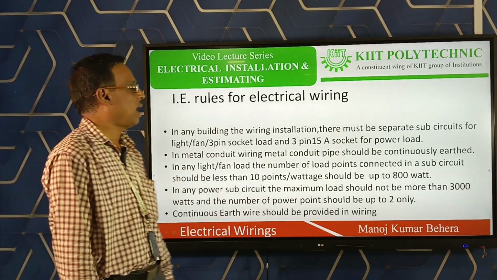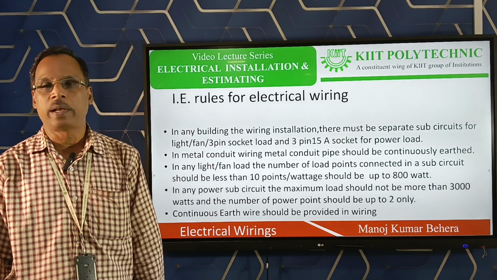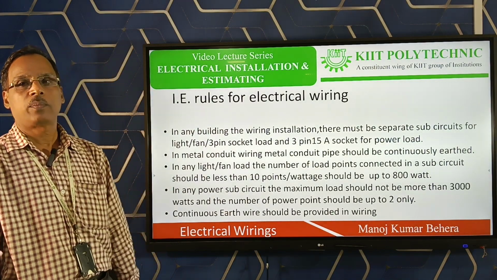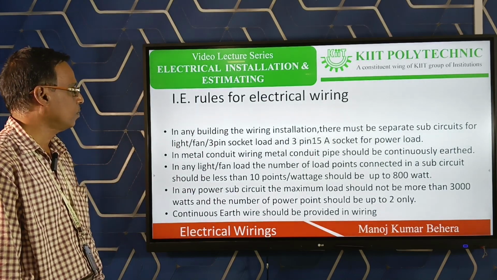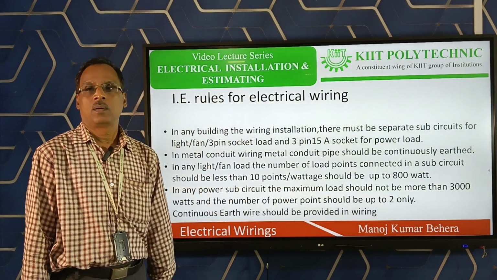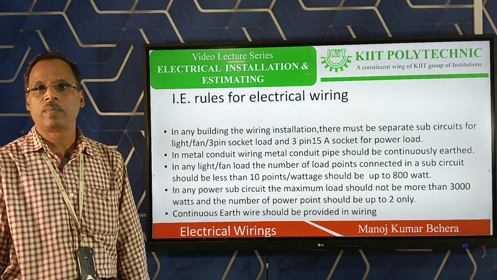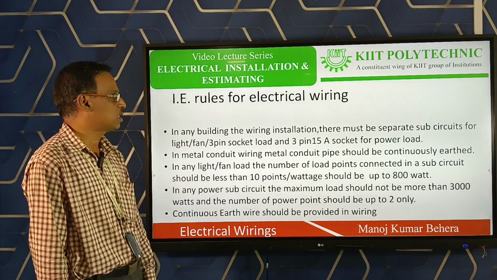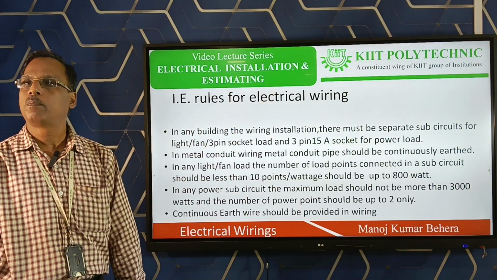What are the different Indian electricity rules used for this wiring? Before considering any wiring, we have to consider these Indian electricity rules. The first rule is that we have to make sub-circuits in the building. In any building wiring installation there must be a separate sub-circuit for light and fan, and a sub-circuit for power.